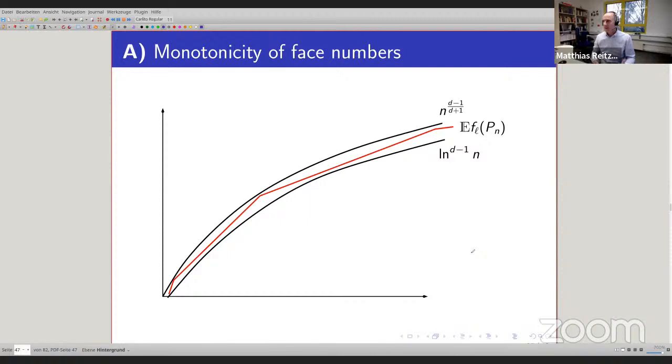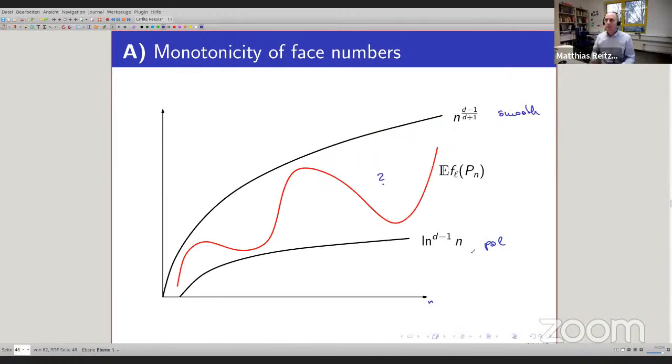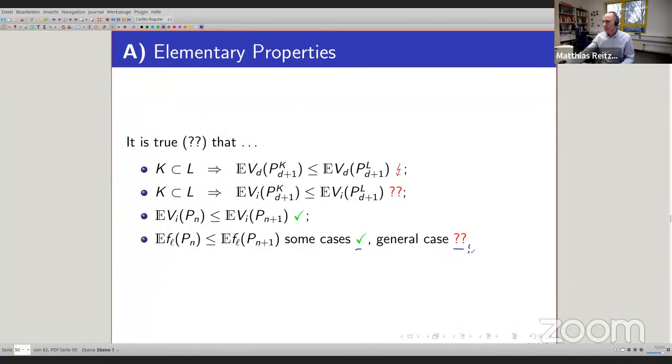But at least this picture here makes a question mark about the monotonicity. If you know it fluctuates between a power and a logarithmic curve, which are far away for a large n, then it's unclear what's going on. Yeah. Therefore, the general case is here still open. We do not know.